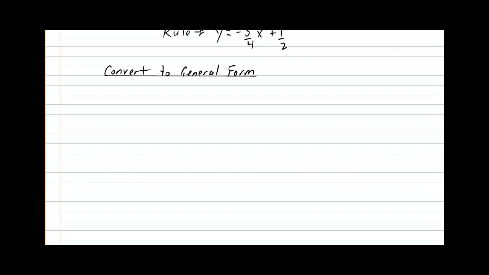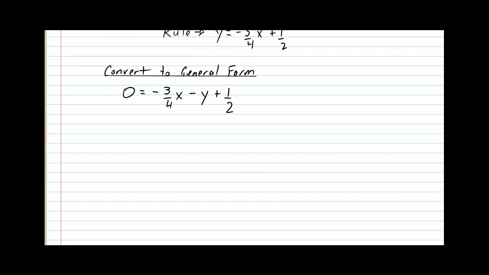I personally find it easier to move the y over every single time, because that only gives me one object to move over, whereas if you move the negative 3 over 4 x and the plus 1 over 2 over, that gives you two objects to move over. So if I follow my own advice, my next line of work is the following, with the y shoved over. Don't forget that the operations reverse when you move one object from one side of the equal sign to the other. In this case, the positive y will become negative y.